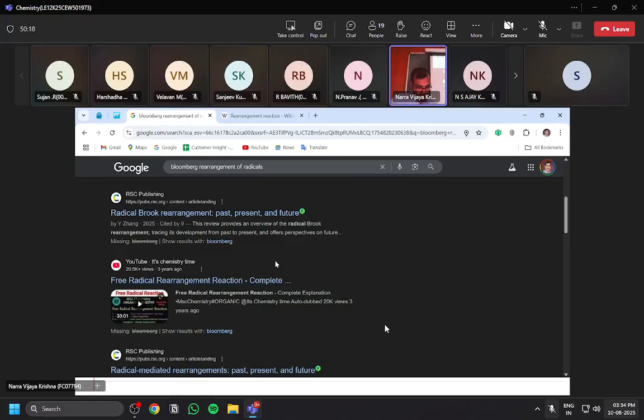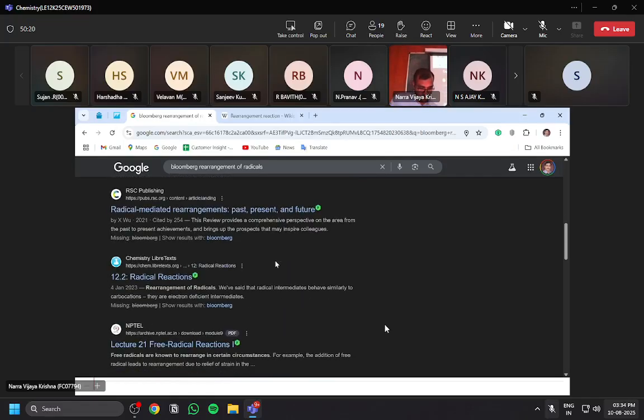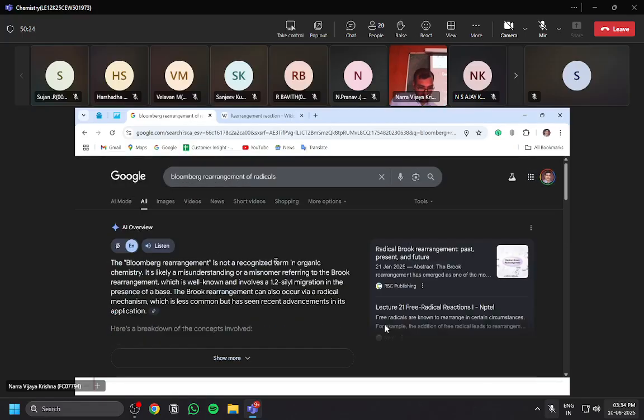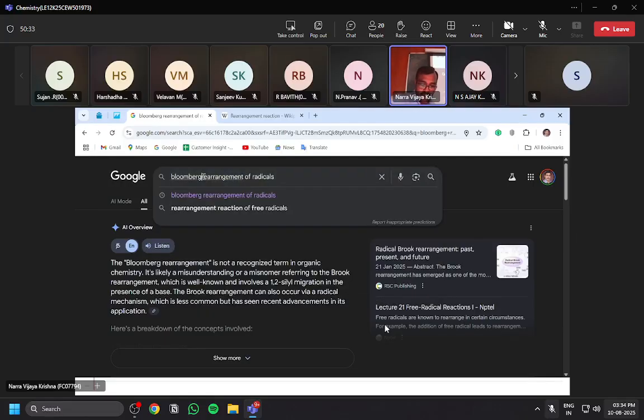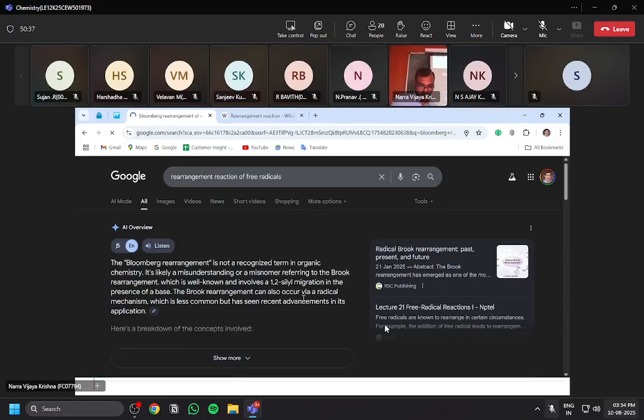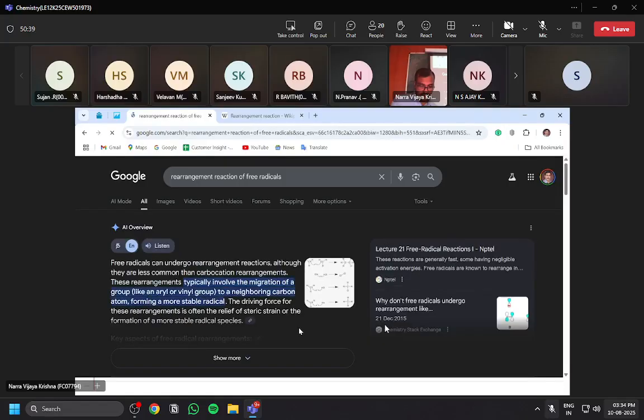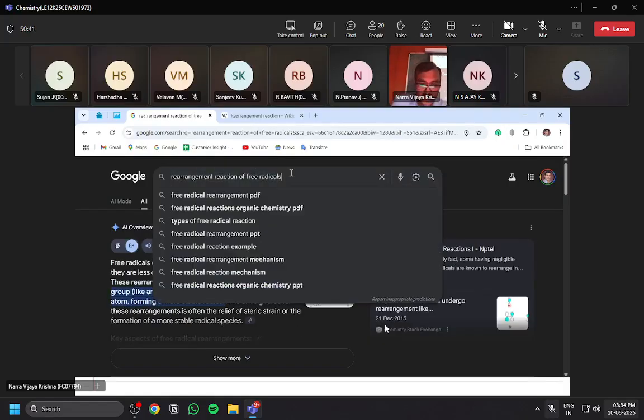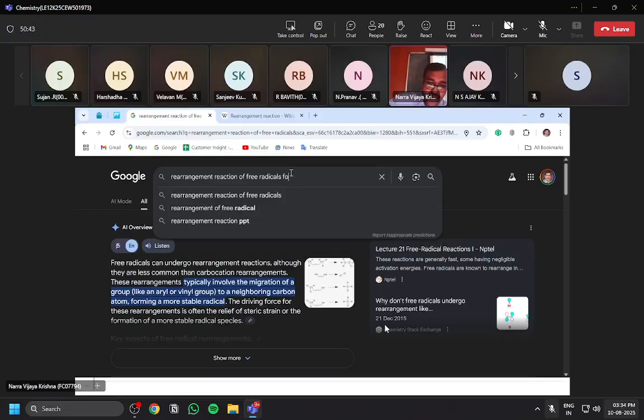Hmm. It is not a recognized term, it is saying. I will do one thing. Rearrangement of radicals forming biphenyls.